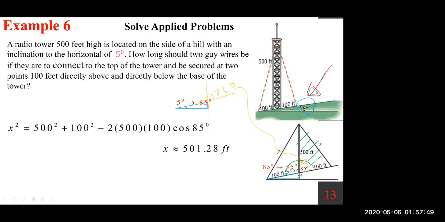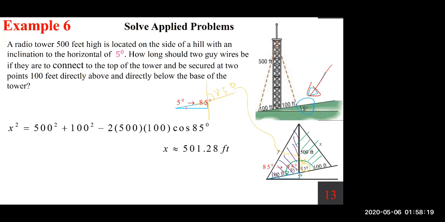If you use, let me use a different color here, this triangular shape. One side again is 100 feet. One side is 500 feet. This time the angle in between is 95 degrees. So you use 95 degrees instead of 85 degrees.